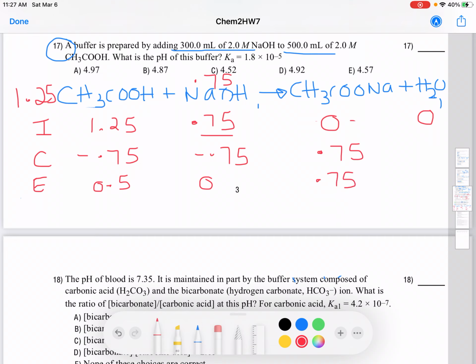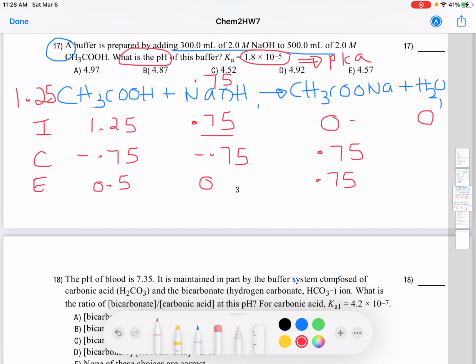So when you mix these, it's asking what is the pH. Now you're going to use the Henderson-Hasselbalch equation: pH equals pKa plus log of base over acid. So you want to find the pKa from the Ka given. You know how to get the pKa, negative log of 1.8 times 10 to the negative 5. So do this calculation and convert it to pKa.